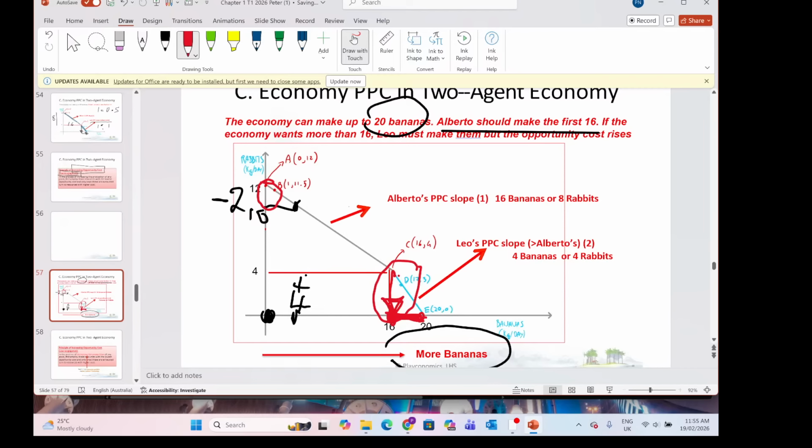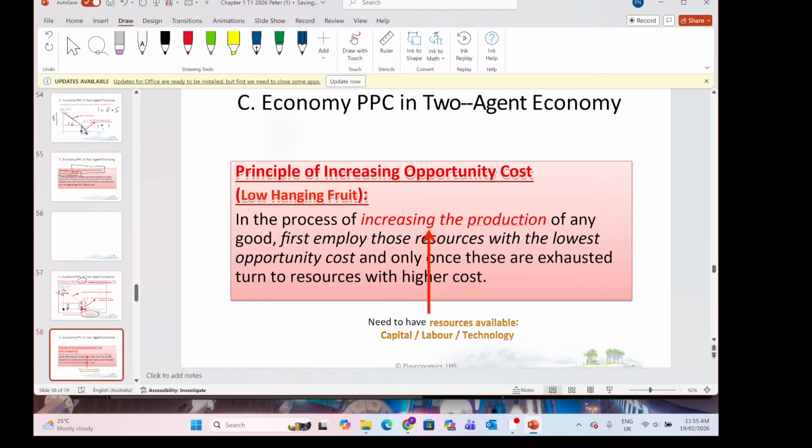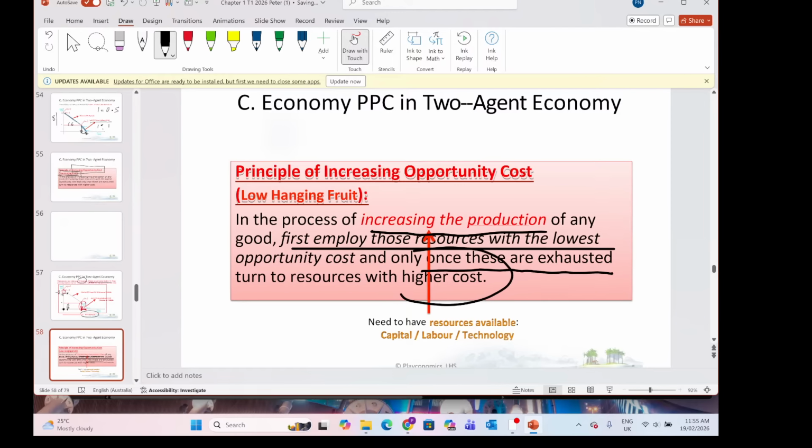So that's why Alberto needs to make the first bananas, because he has a lower opportunity cost, and the economy gives up less rabbits when Alberto does it. So the low-hanging fruit principle means that when we increase production, you first employ those resources with the lowest opportunity cost, and only then, once this is exhausted, do you move to the other person in production.